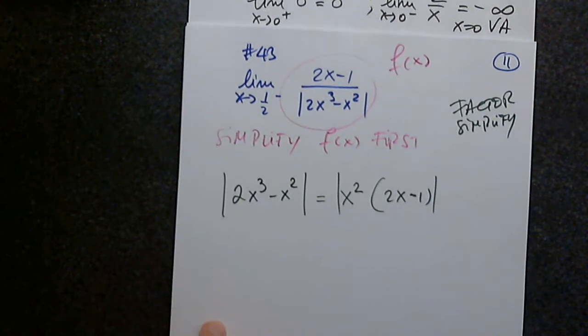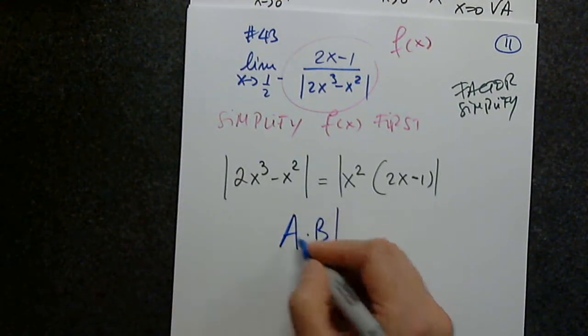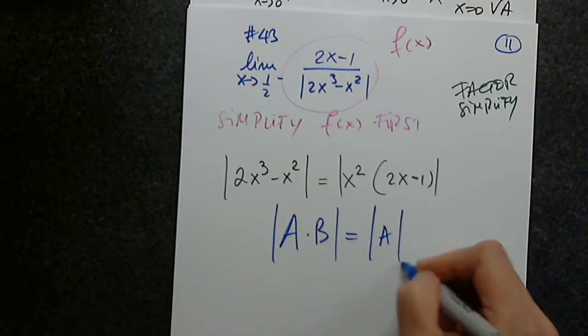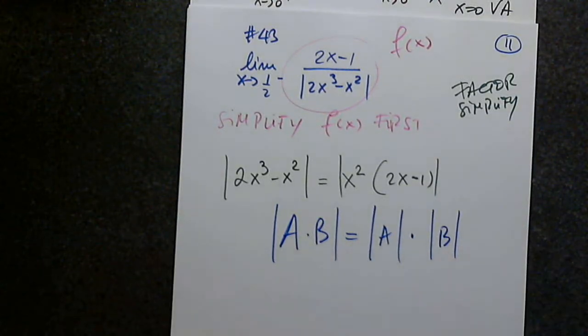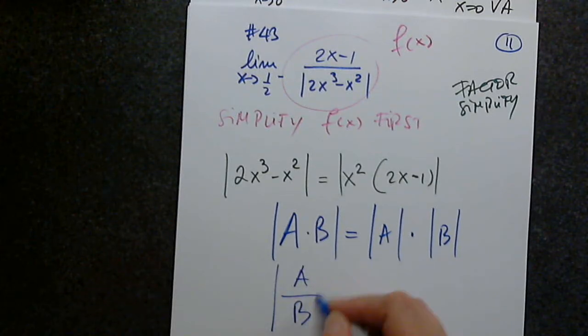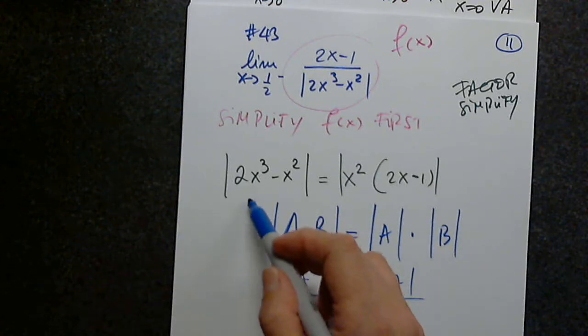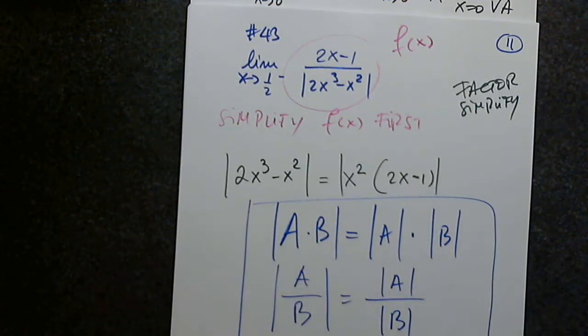There is a property of the absolute value, actually two. The absolute value of a product is the product of absolute values. Also, the absolute value of a ratio is the ratio of the absolute values. These are properties of absolute value. We're going to use them now and in the next section too.